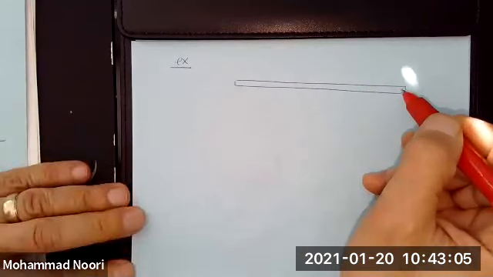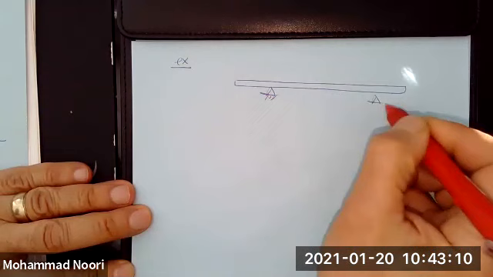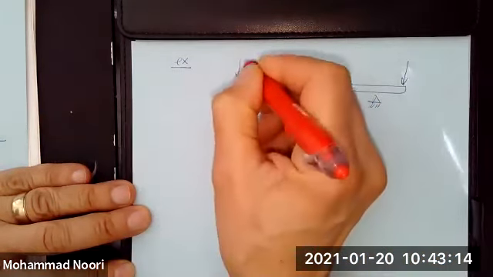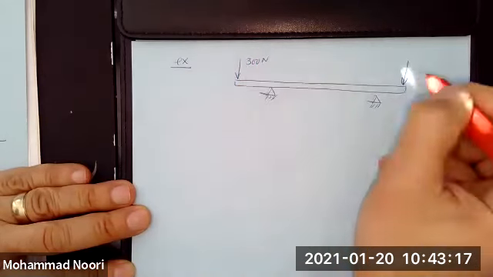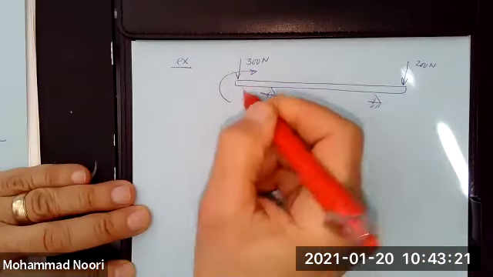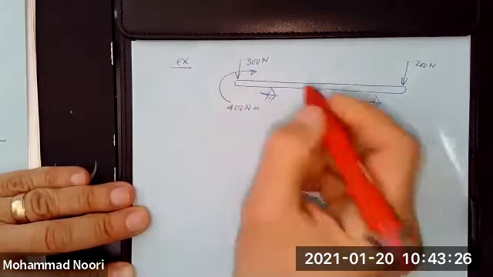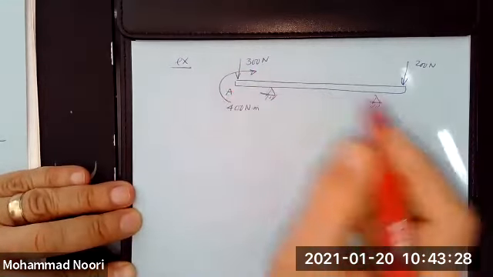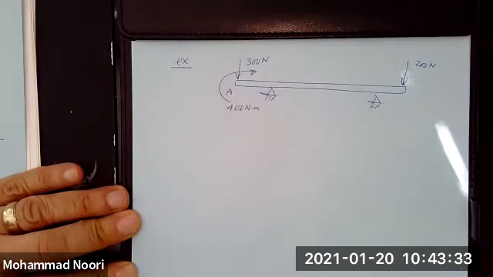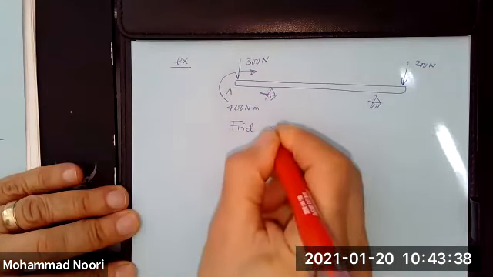Let's say you have a beam, and you have these two forces, 300 Newton, 200 Newton, and a moment of 400 Newton meter acting on this beam.